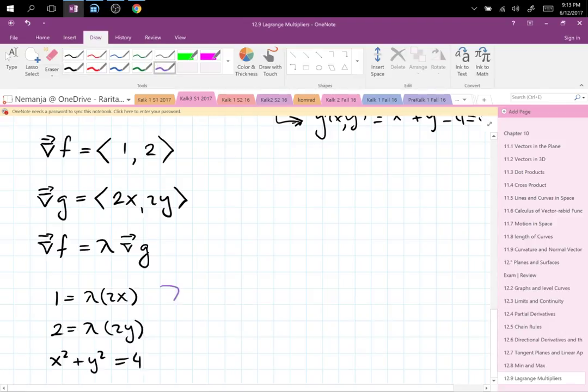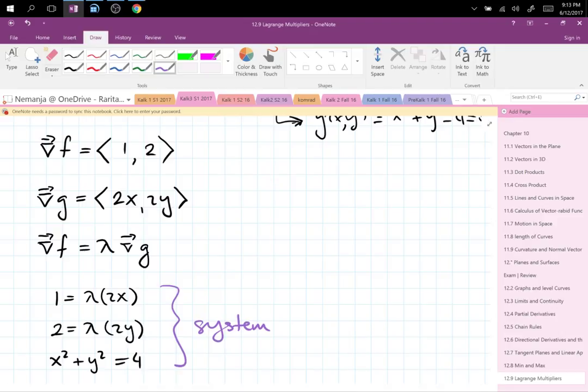This is your system. Observe that you have 3 equations and 3 unknowns, and we don't care about lambda. So try to eliminate lambda if you can. If you can't, well, in some problems, a very small number of problems will force you to compute lambda first and then everything else.